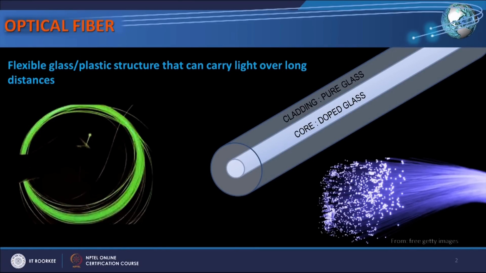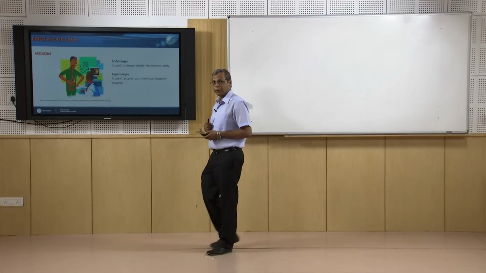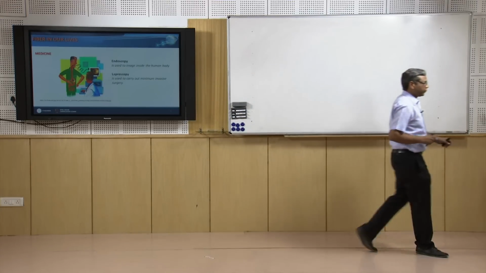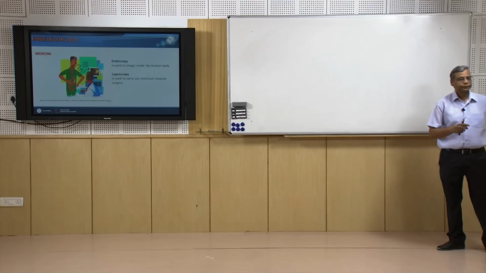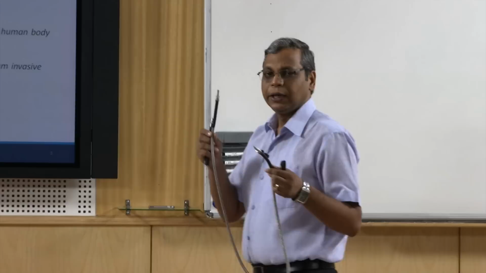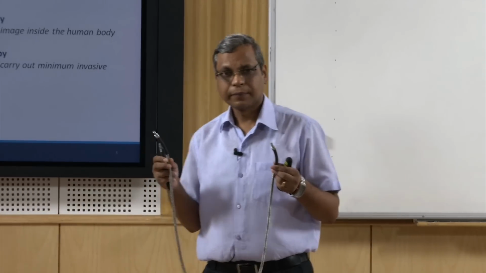Where do we see fibers in our daily lives? Well, the very first use of optical fiber was in endoscopy. The bundle that I showed you here is the kind of bundle of fiber which is used in endoscopy.